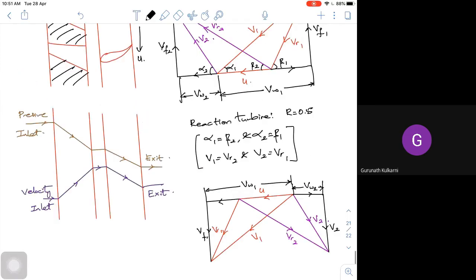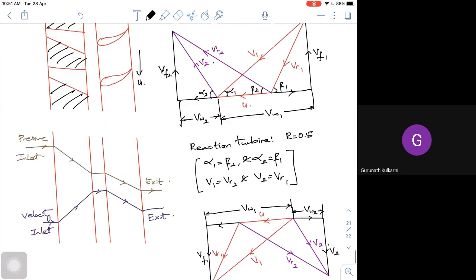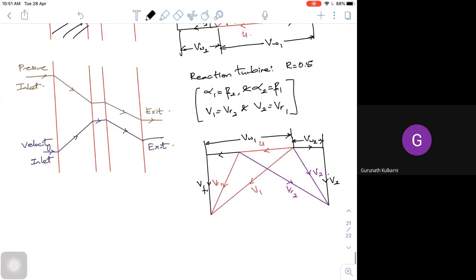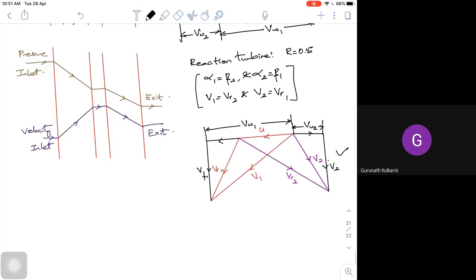Both the triangles are the same. Some textbooks will draw this as the velocity triangle, and some textbooks will draw this one. But one thing is that both should satisfy the vector addition and subtraction.